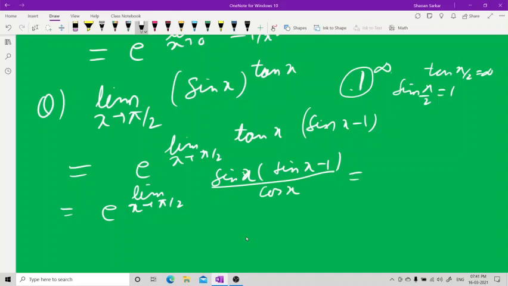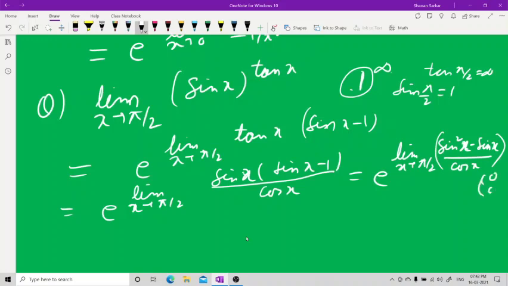Now write this as e to the power of limit x pi by 2 of (sin square x minus sin x) upon cos x. Now if you see, this is nothing but 0 by 0 form.